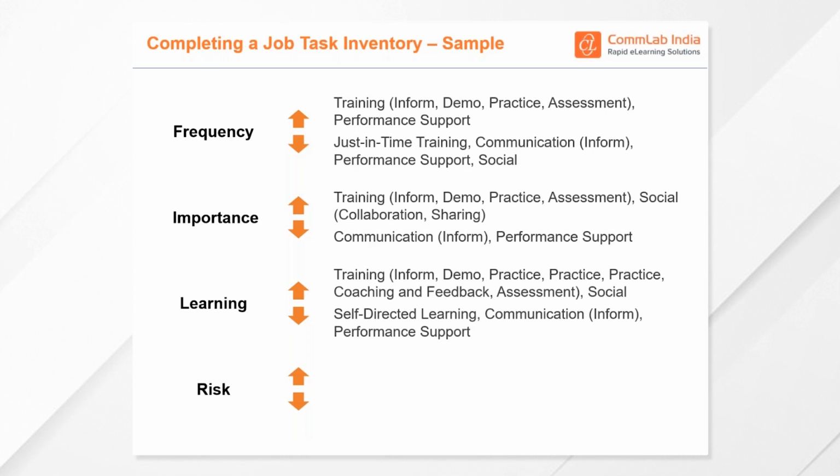That would constitute a task involving a high degree of risk. For instance, when you're operating extremely complicated machinery, if the learner is not very sure of how to do it, there is a danger of losing even a limb, or performing surgery, for instance. That's a high risk job.